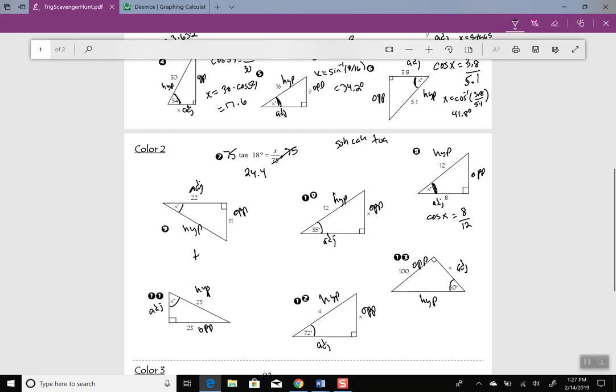So tangent of x equals opposite TOA over the adjacent 22. Number 10, I care about the opposite and the hypotenuse, so I'm going to use sine. Sine of 35 equals opposite over the hypotenuse.